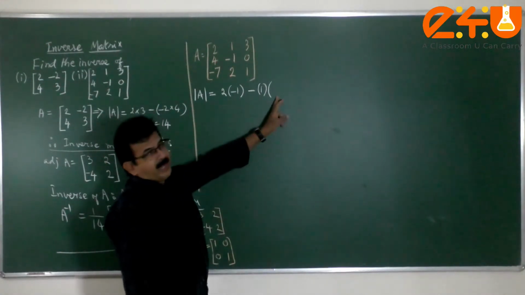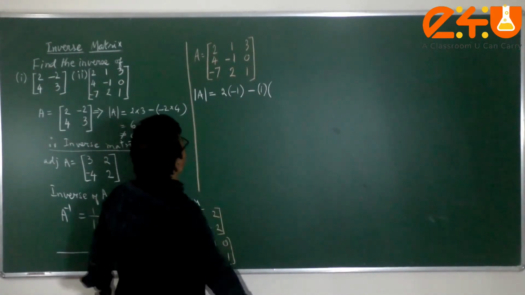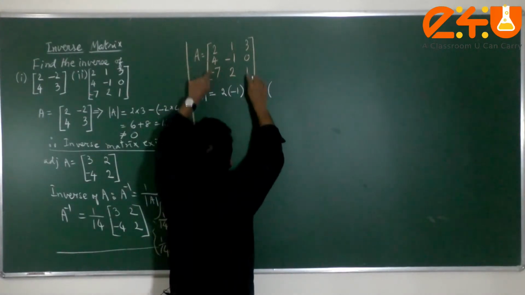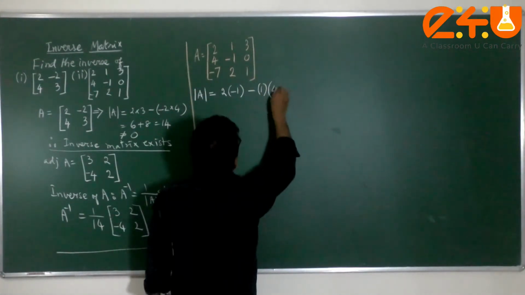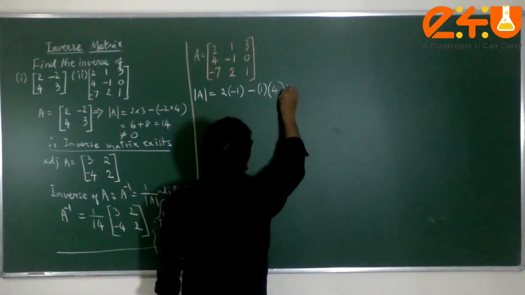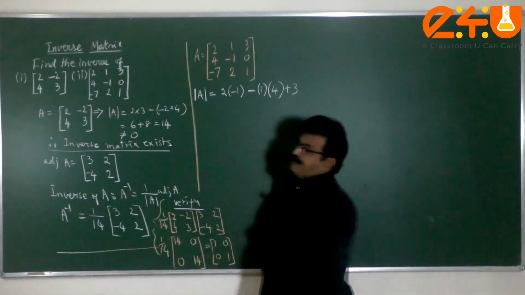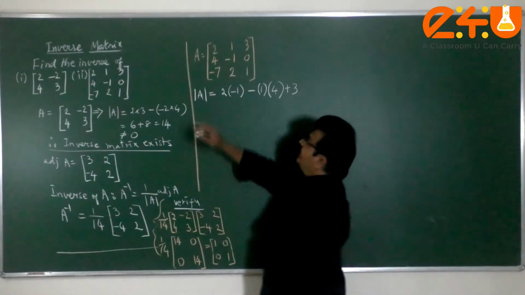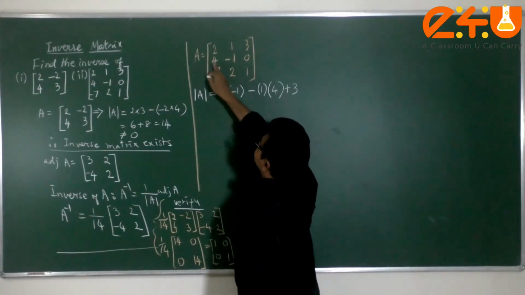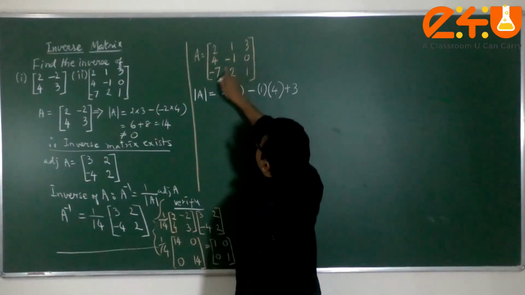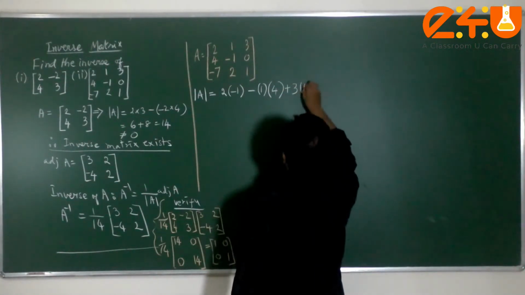Now I am going to write minor 12. So it is 4 times 1 minus 0, so it is 4 only, and plus A13 times cofactor 13. Cofactor 13 is the same as minor 13, which is 4 into 2, 8 minus 7. So 1 only.